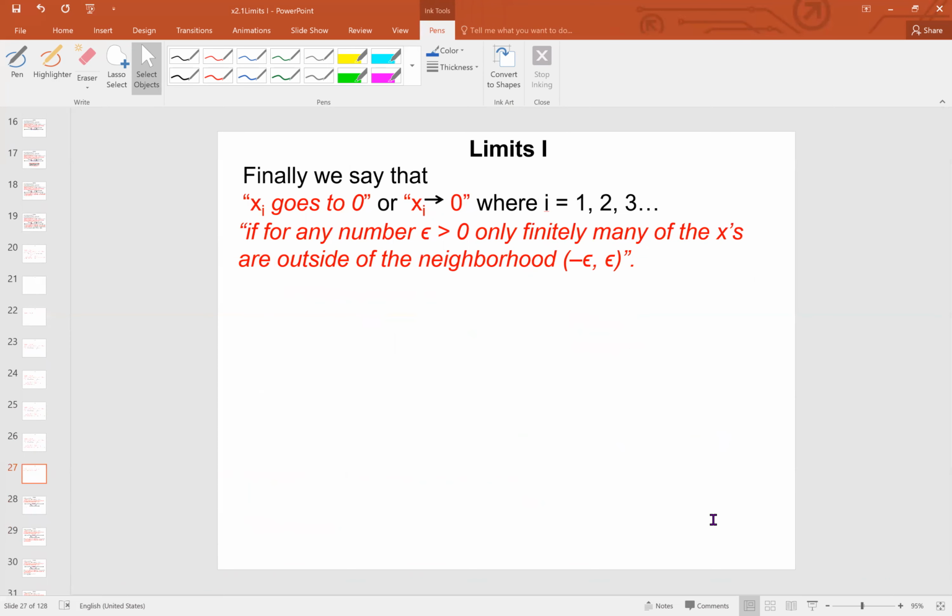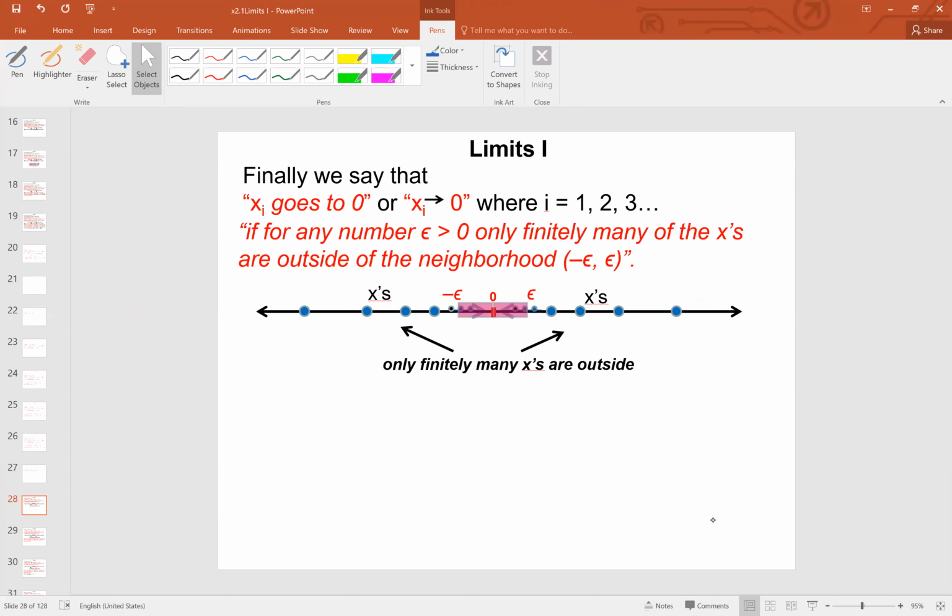And this is finally what we mean when x approaches 0, meaning it doesn't matter right-hand side or left-hand side. In a picture, it means that for the sequence of numbers, it doesn't matter how small a little stretch of neighborhood around 0 I make, most of the numbers x in the sequence have to be in this neighborhood.